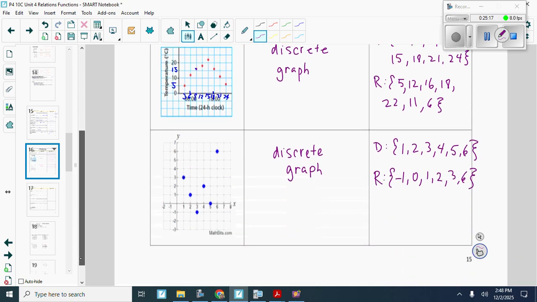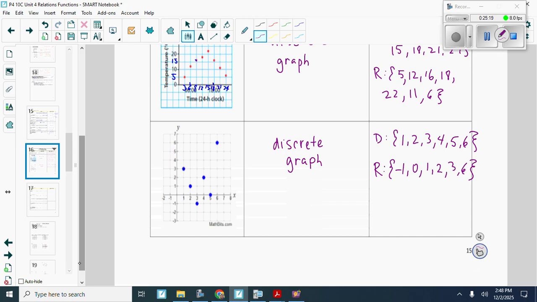The final one was also a discrete graph. This time I decided to practice putting things in order. I went from left to right, and so I found that all my x values were 1, 2, 3, 4, 5, 6. Then I went from the bottom to the top, so I did -1, 0, 1, 2, 3, and 6.